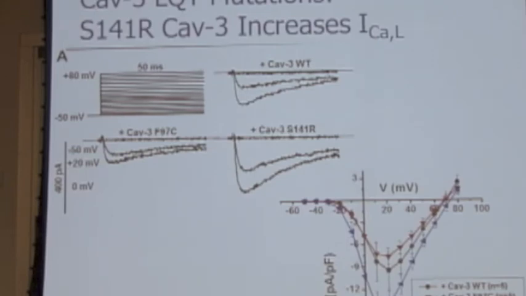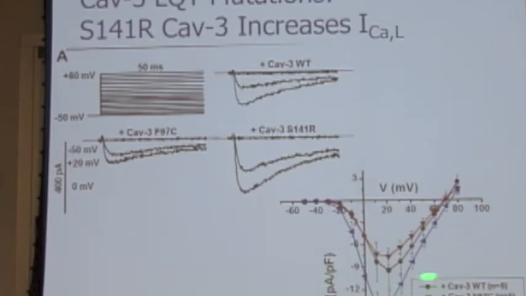And that is that with the mutation S141R, with calcium as the charge carrier, curiously the currents actually got statistically significantly larger than the wild type control, and F97C currents overlapped with regard to the current voltage relationships to a large extent.